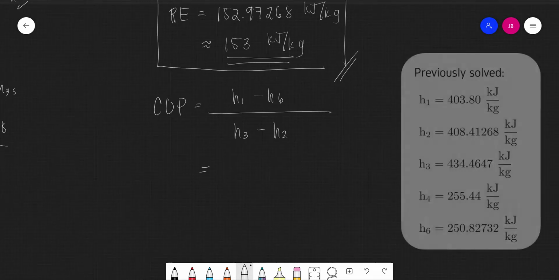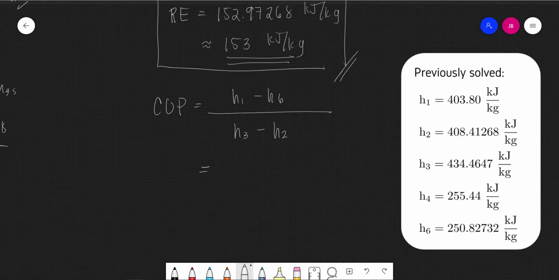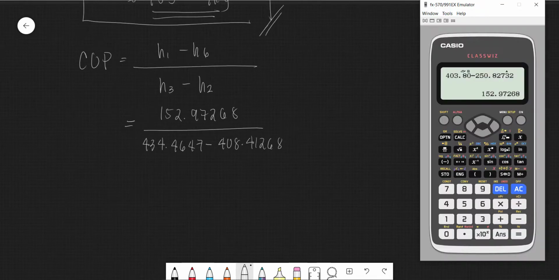So we have H1 minus H6, which is basically your refrigerating effect, 152.97268, divided by H3 minus H2, which are as follows. So, one last step before we end this problem, let's type everything in our calculator and then hit enter. So, our COP is around 5.87.